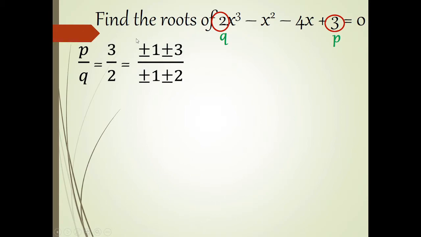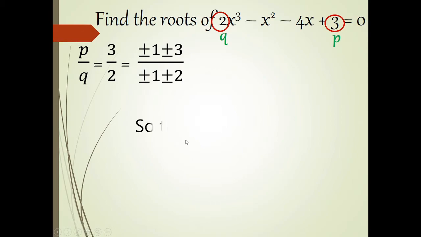And we will simplify this. Positive, negative 1 divided by positive, negative 1 is also positive, negative 1. And then positive, negative 3 divided by positive, negative 1 is positive, negative 3. And then positive, negative 3 divided by positive, negative 2 is equal to positive, negative 3 over 2.